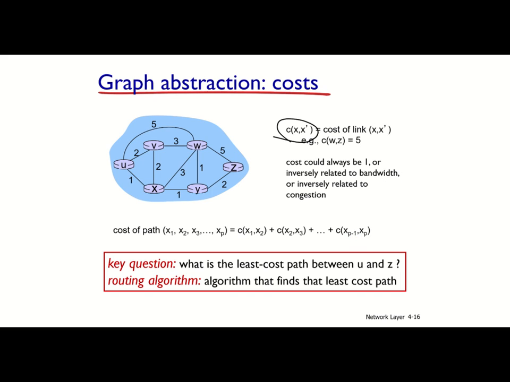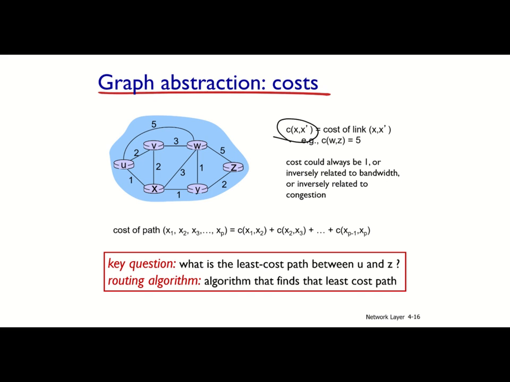A key question that leads us to creating routing algorithms is: what's the least cost path between two given nodes like U and Z?